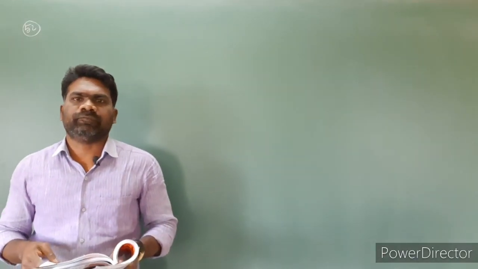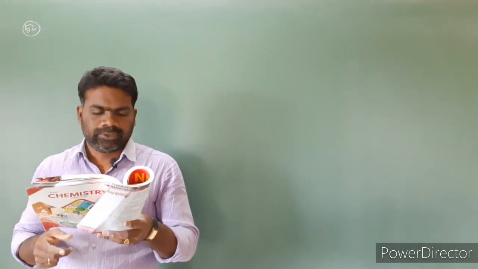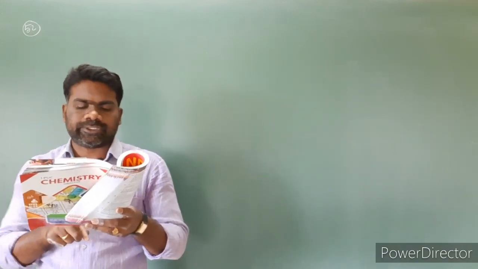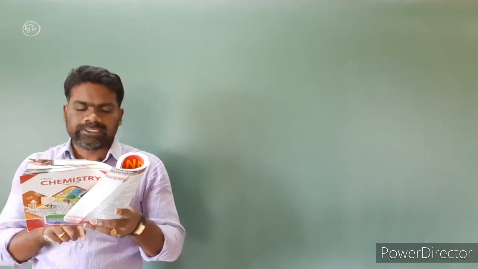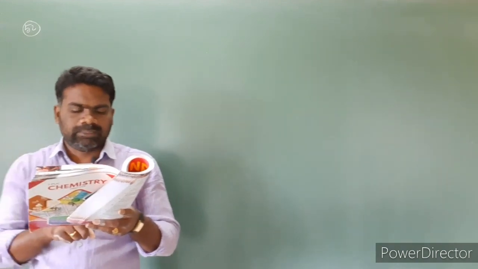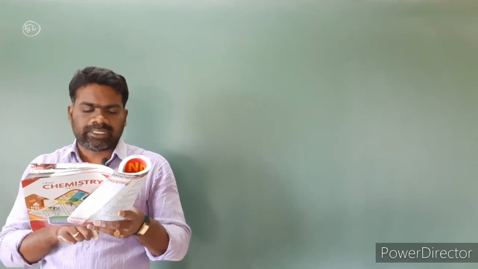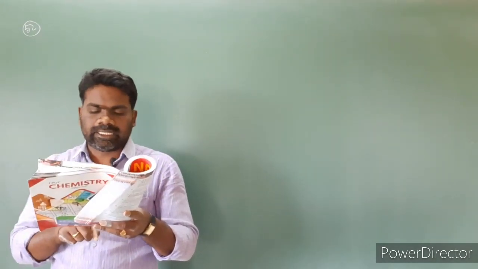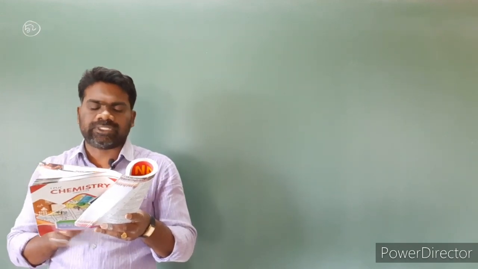Next, question number 52. The equilibrium constant for the reaction N2 plus O2 gives rise to 2NO is 4 into 10 power minus 4 at 2000 Kelvin. In the presence of a catalyst, the equilibrium is attained 3 times faster. The equilibrium constant in the presence of the catalyst at 2000 Kelvin is?